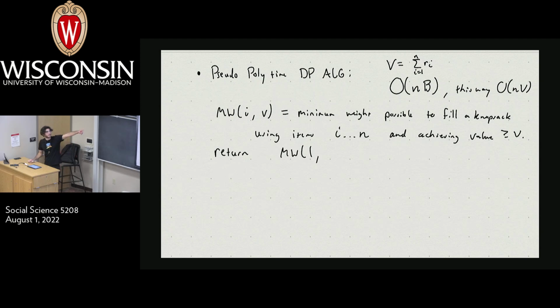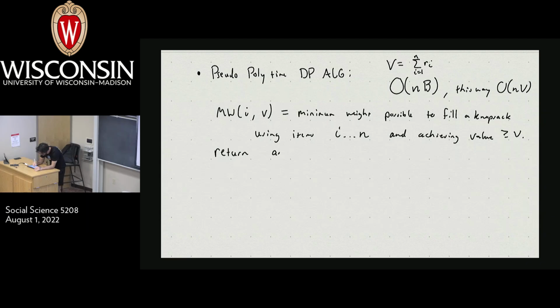I want this to be a solution to the original knapsack problem. Remember, the knapsack problem says, given a constraint of B on your weight, what's the max value you can get? It's weird. It is weird.